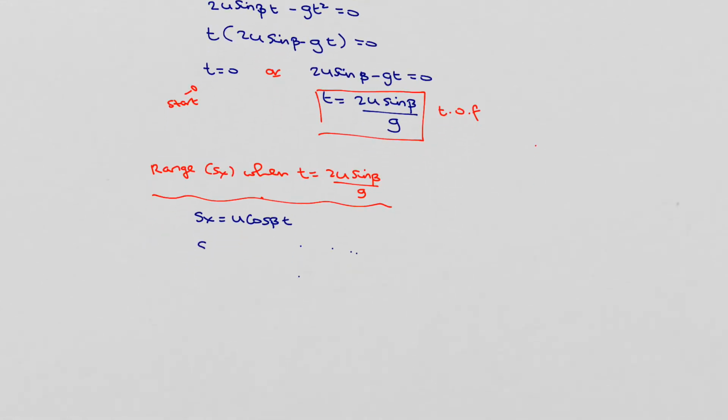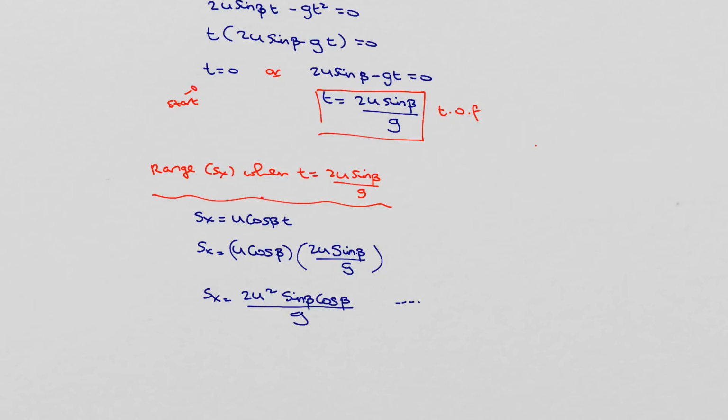So if I sub in my time, I have 2u sine beta over g, which gives me 2u squared sine beta cos beta all over g.